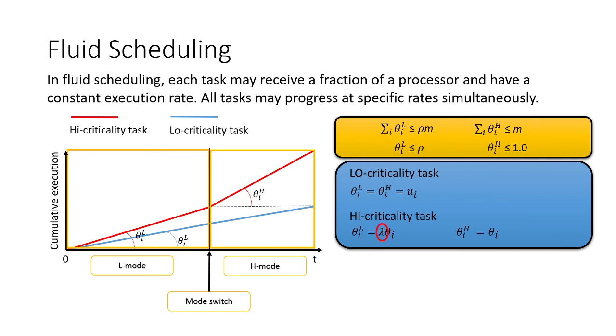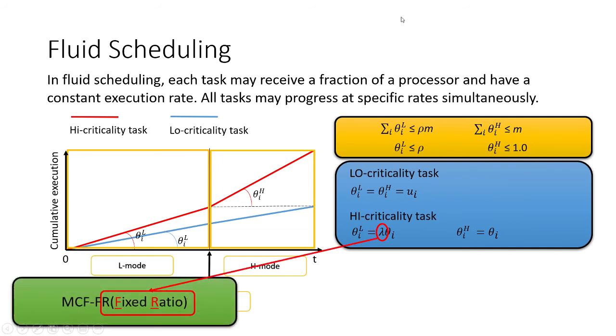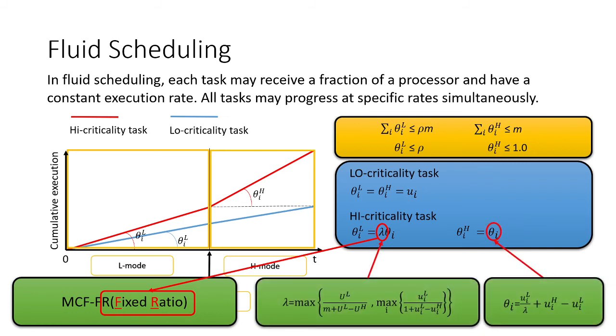The lambda is the ratio of the constant execution rate of high criticality tasks in low mode to the rate in high mode. It is a constant, a fixed ratio. That's why our algorithm is called MCFFR. The assignment of lambda and theta i for all high criticality tasks are as shown.